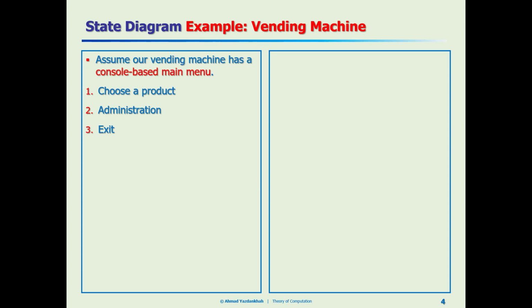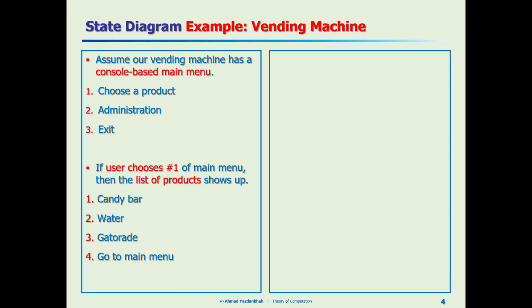If the user chooses the first one, for simplicity, let's say we have only three products, and we can also go to the main menu if the user chooses four.